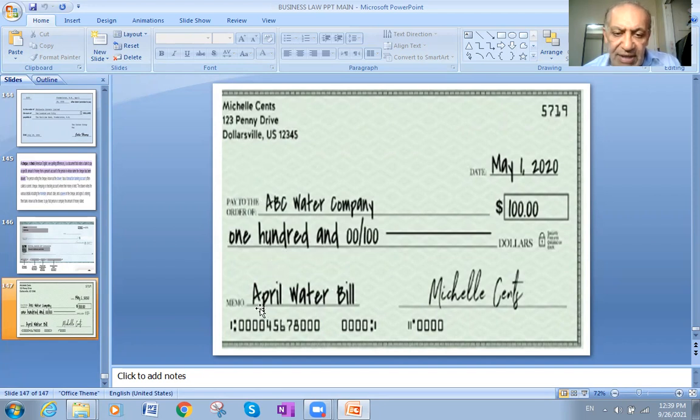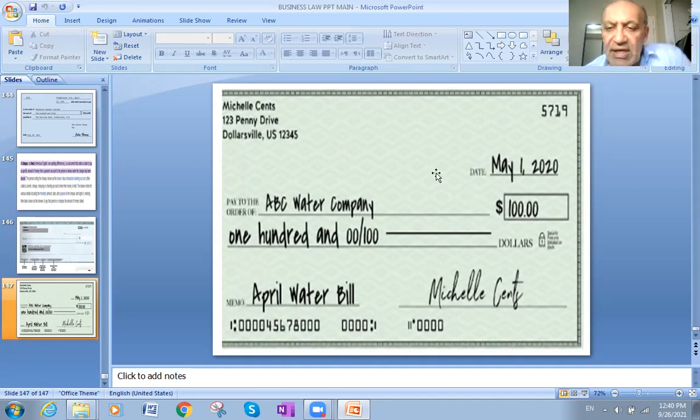So he will sign here, his name is here, Michael Cent, his signature is here. And this is the memo, just to remind him about what he paid. Memo means a memorandum. April water bill means that this is the water bill of April. He has to pay $100 for water.